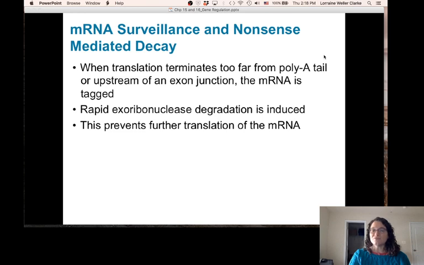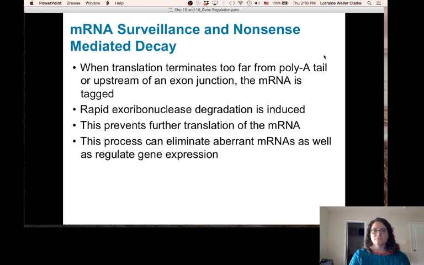This prevents further translation of the mRNA, turning it off quicker than, say, the poly-A tail degradation would. This can eliminate aberrant mRNAs, and also it's a faster switch to turn off gene expression. If you have a signal that you don't need it anymore, you want to destroy all those that are tagged, then you can just turn it off immediately instead of waiting for those to degrade.